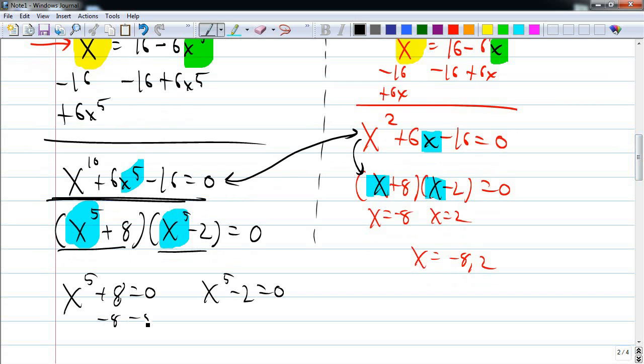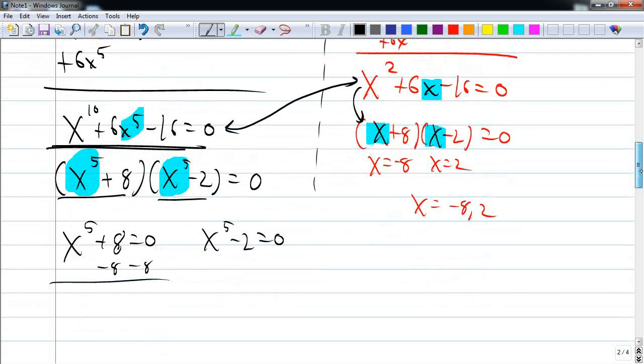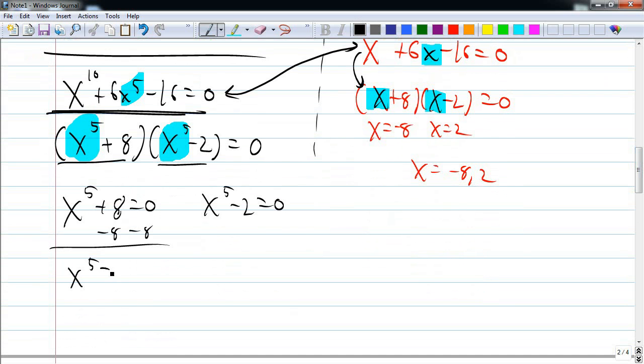Solving this, minus 8 minus 8. X to the 5th is negative 8. Over here, plus 2 plus 2. X to the 5th is 2. And then to get rid of the 5th degree, I take a 5th root of each side.